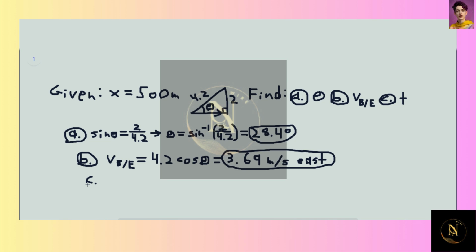Okay, so what about part C? For part C, it's saying how much time is required to cross the river.